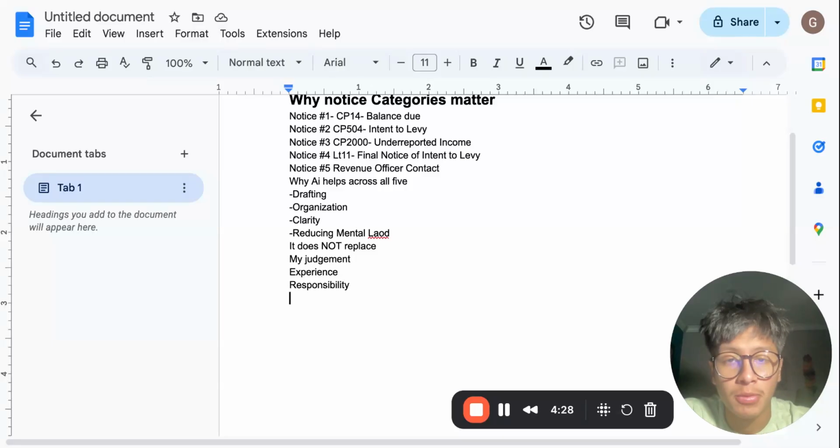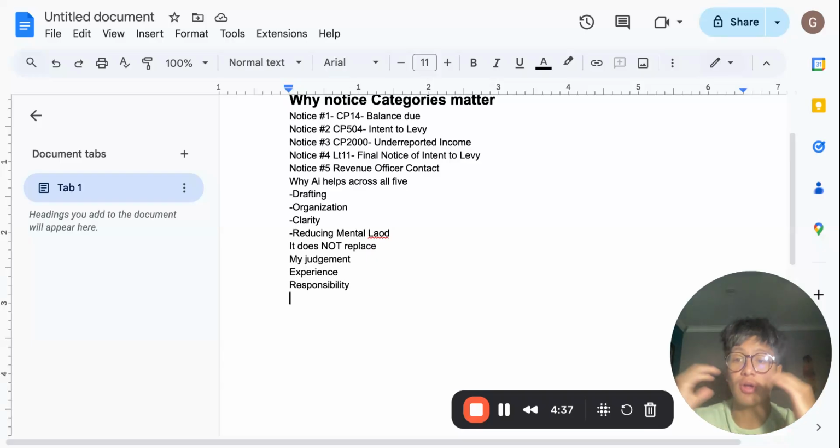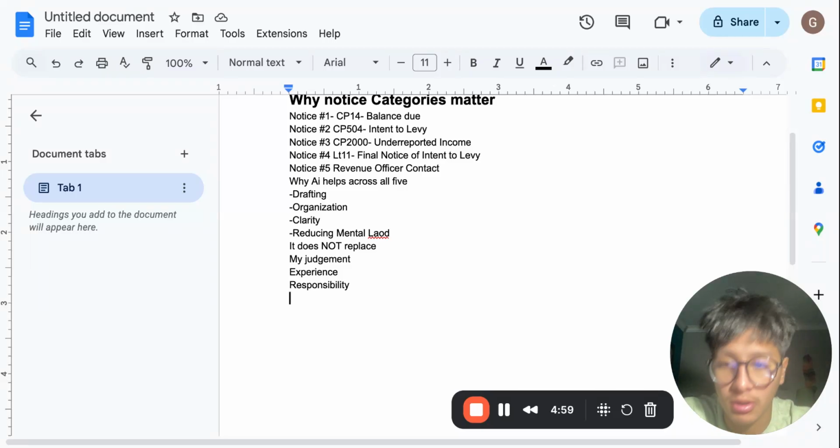Consequences matter, consequences of both paying and not paying. So AI helps me make sure that nothing is missed, because all of these things matter. I personally control the timing, the tone, the strategies and the decisions made with this case. But I use AI as a junior assistant to make sure I'm not missing anything. It's like a second set of eyeballs, essentially. That's also extremely smart.